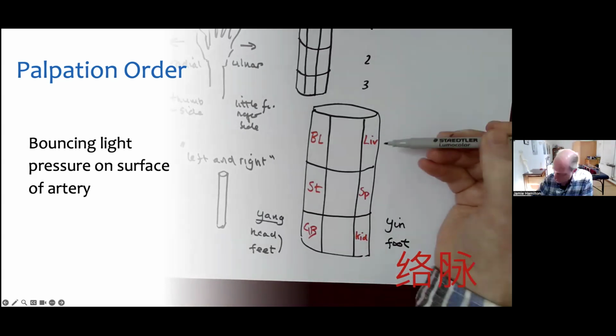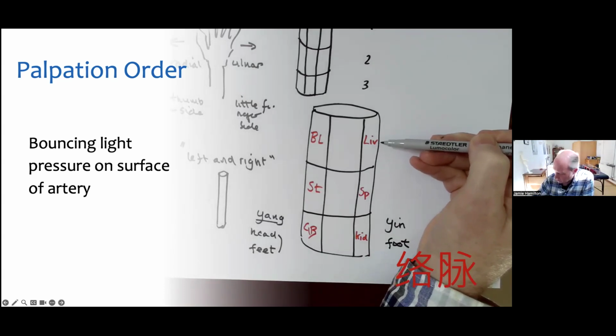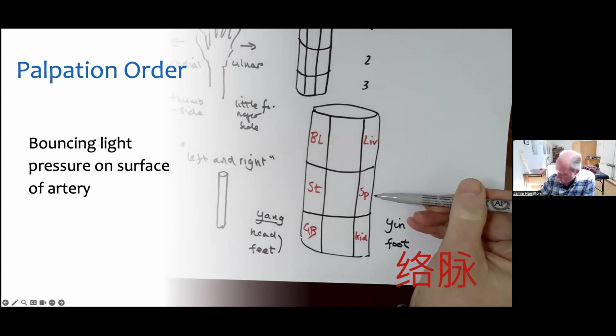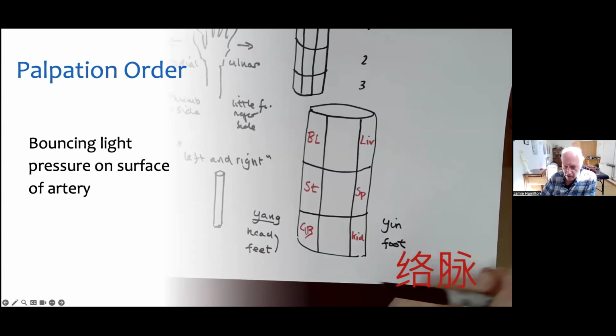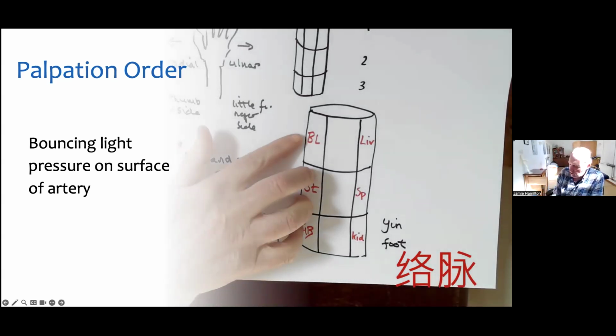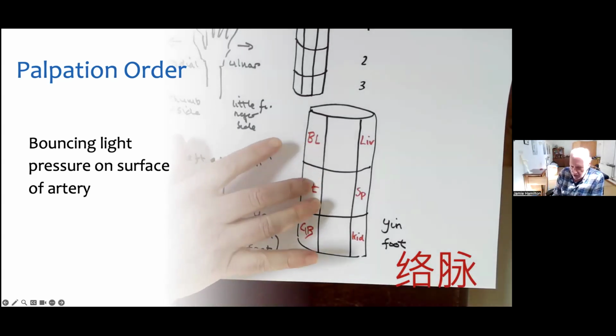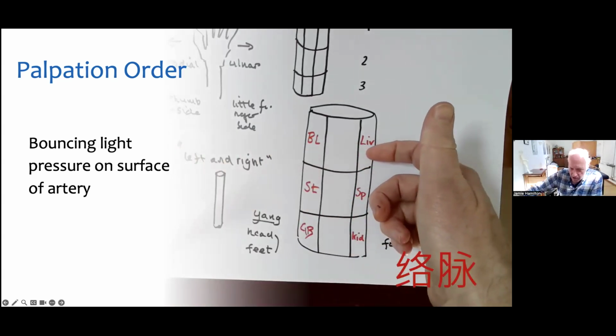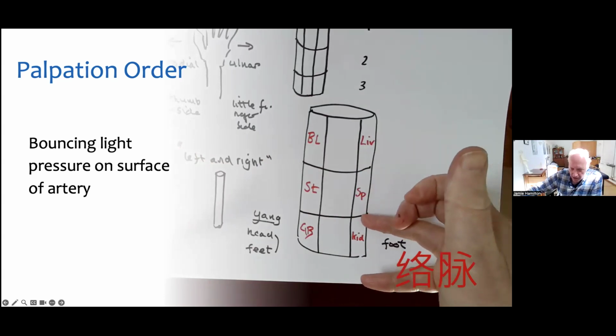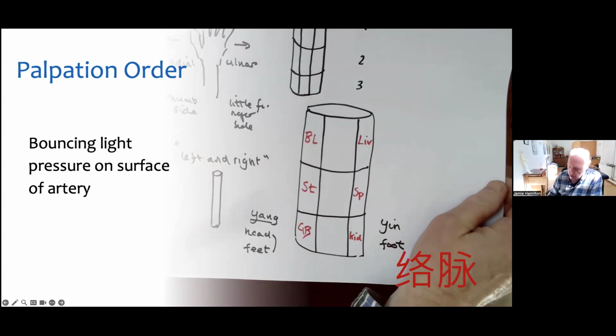This liver one would be called the foot jue yin. The spleen is the foot tai yin, and the kidney is the foot shao yin. So again, you'll be feeling the top with the first finger, middle finger, and third finger, and then hooking over to liver, spleen, and kidney. That's how you'd be accessing those things.